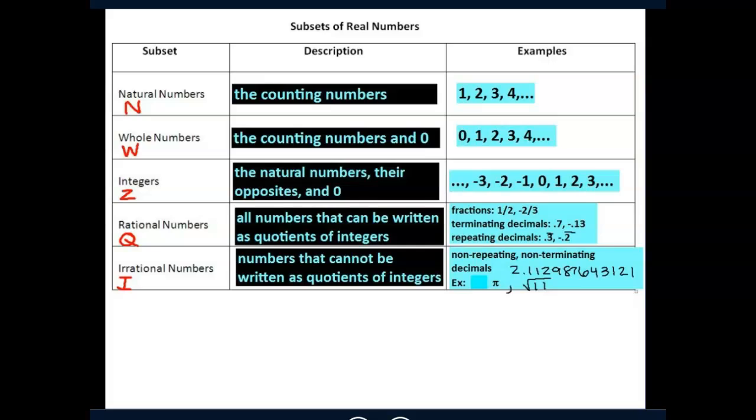Okay. So the next thing we're going to talk about is the number system. So our number system is broken up into a couple different parts. So the first part is the natural numbers. The natural numbers are the counting numbers. That's what you learn as a little kid.